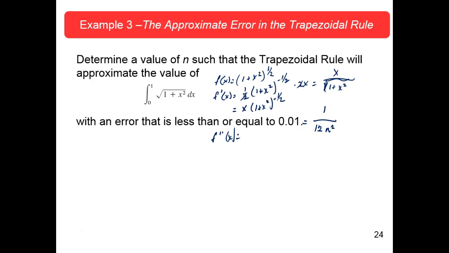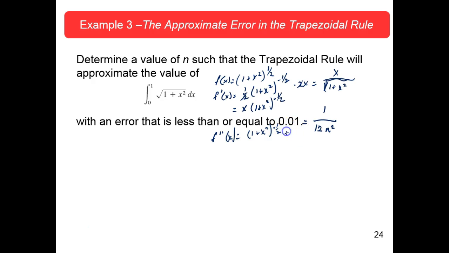Somebody help, please. I'm drowning. Okay, you're going to take the derivative of the first times the second, 1 plus x squared to the minus 1/2.